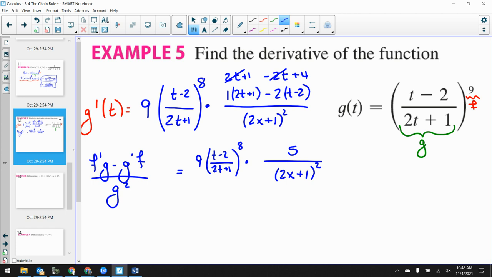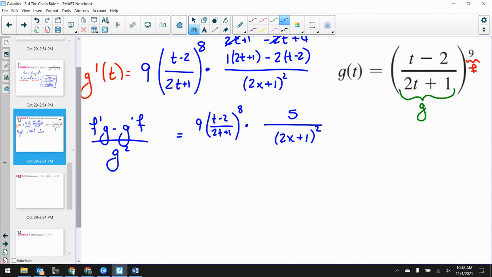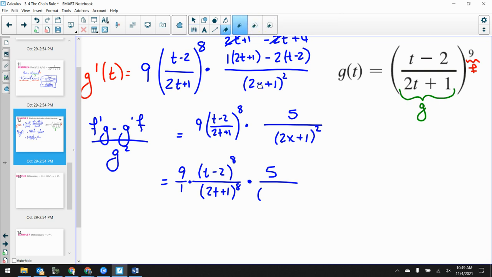Well, this is all just multiplication, right? So I can just put this all together. So this is 9, let's call that 9 over 1, times t minus 2 to the 8th, over 2t plus 1 to the 8th, times 5 over, oh, I wrote 2x. At some point I switched it to an x. I'm sorry, that's a t. Times 2t plus 1 squared.